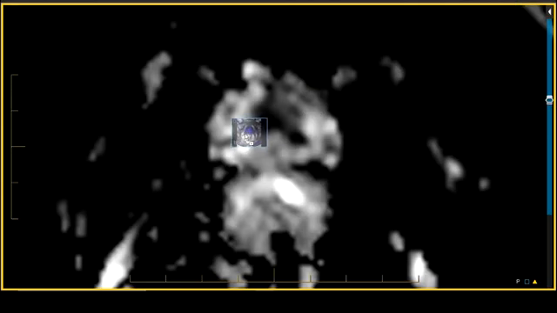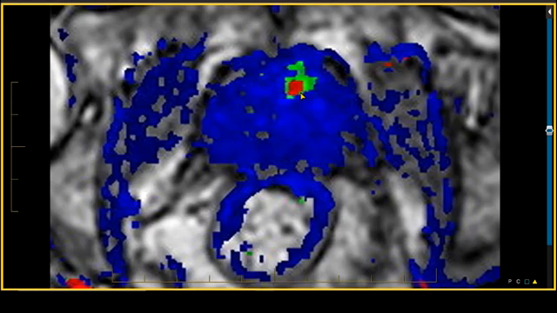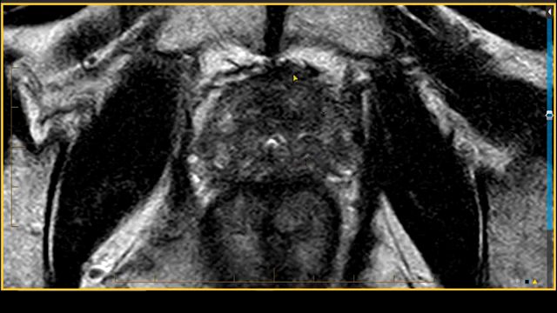If we look at the corresponding dynamic contrast enhanced imaging, we see on the color overlay in this same area that there's an area of rapid washout and rapid plateau pattern of dynamic gadolinium contrast enhancement. So based on the T2-weighted sequence dominating within the transition zone, this is a PIRADS 5 lesion because it measures over 1.5 centimeters in size.